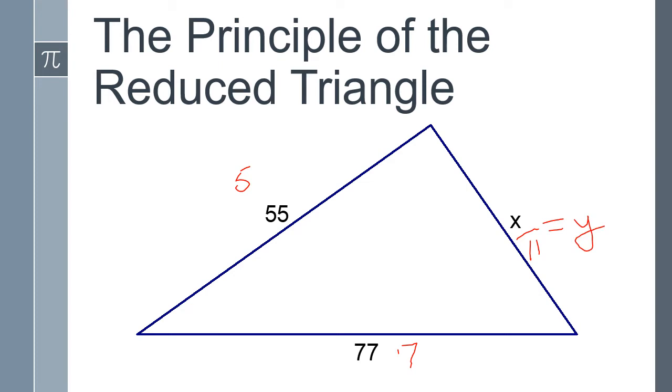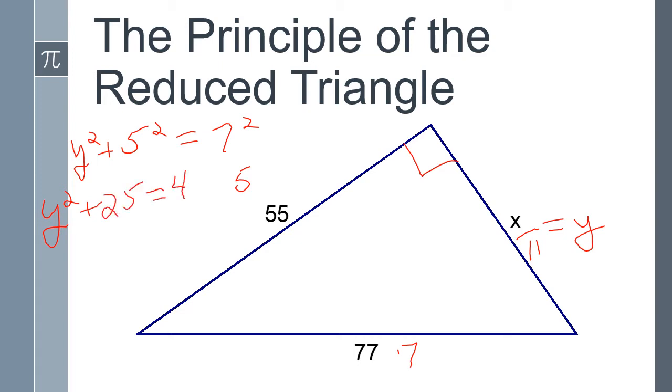So now we're just going to use the Pythagorean theorem with our right angle to solve. So y squared plus 5 squared equals 7 squared. So now I would end up with y squared plus 25 equals 49.